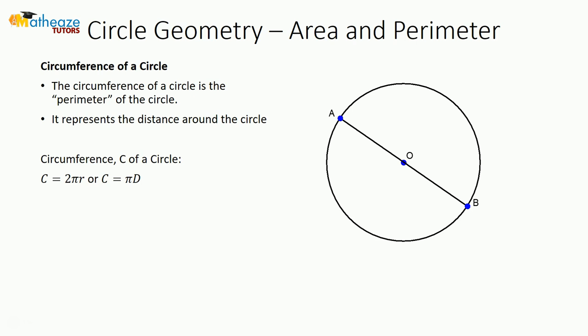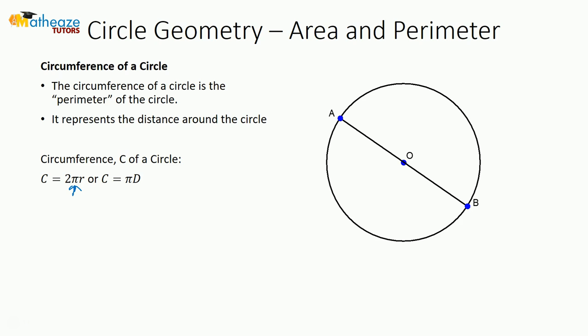So the circumference of a circle is what we'll call the perimeter of the circle. So that's the path around the circle. So you can look at it as the line that the boundary of the circle is considered your perimeter. And the perimeter is determined as 2 pi r, where pi is a constant, multiplied by the radius, or pi multiplied by diameter.